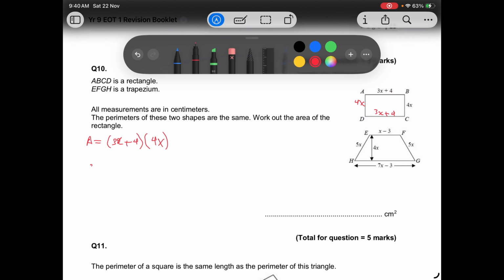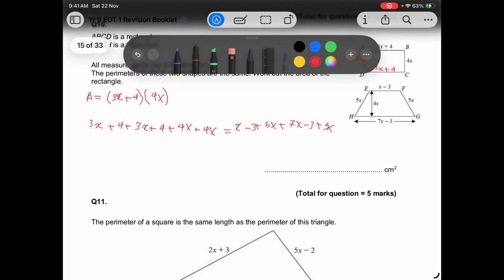So I have here 3x plus 4 plus again 3x plus 4 plus 4x plus 4x equals x minus 3 plus 5x plus 7x minus 3 plus again 5x. We add all sides together. And look, guys, at this. Out of this, we can have the value of x. When you have x, you can plug it here to have the area.